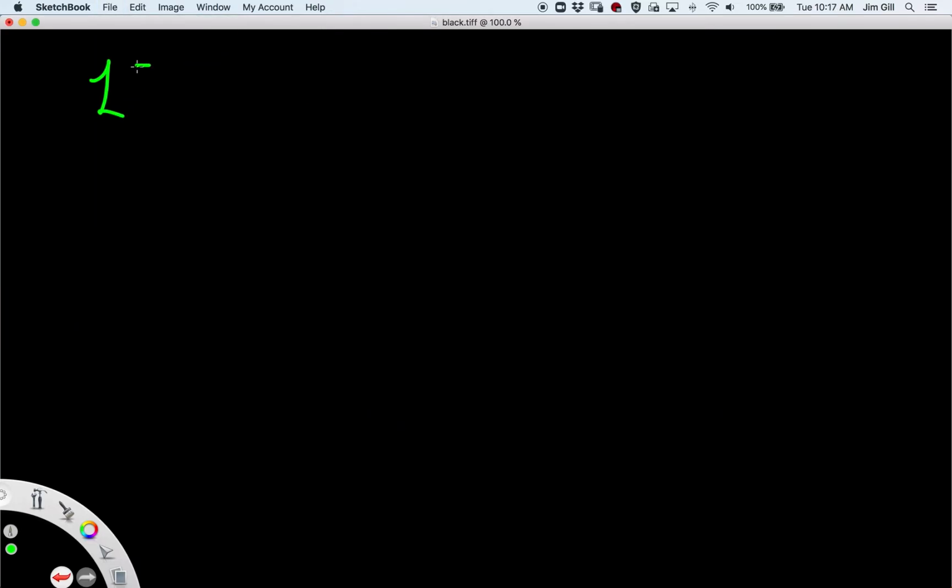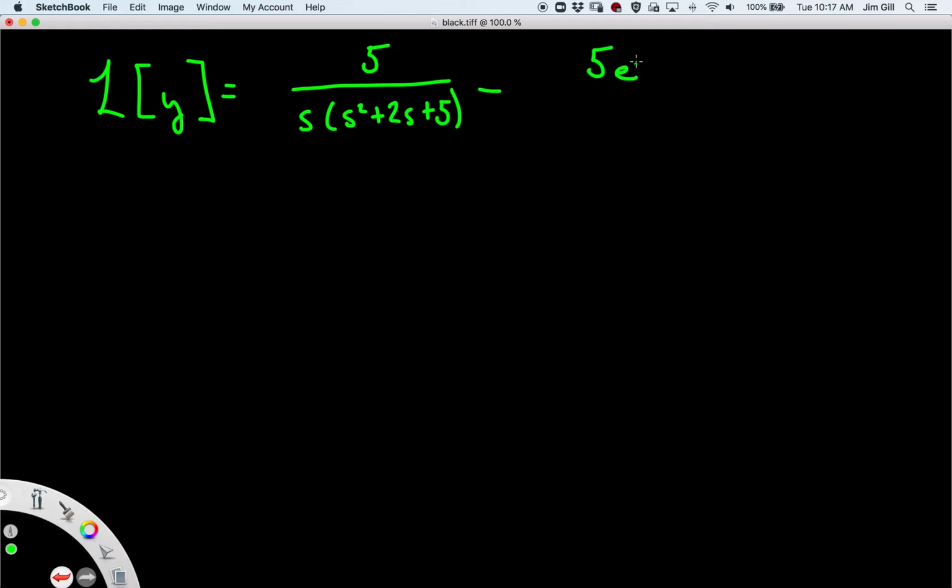We're dividing both sides by s squared plus 2s plus 5. We get 5 over s squared plus 2s plus 5. And then we get minus 5 times e to the minus 7s, divided by s times s squared plus 2s plus 5.